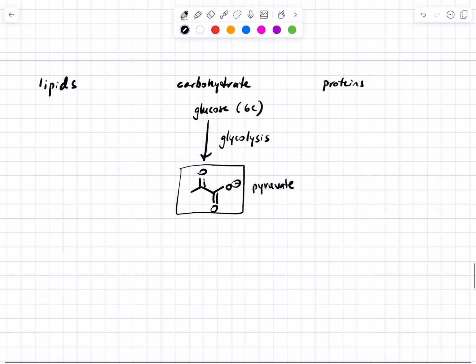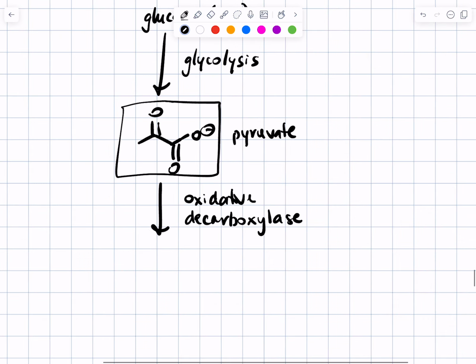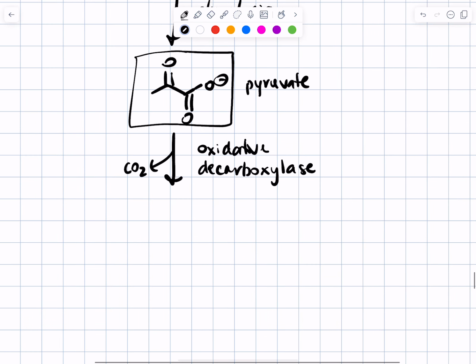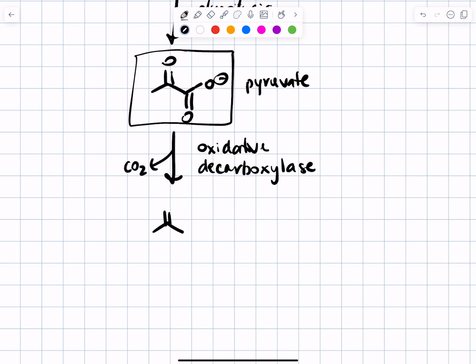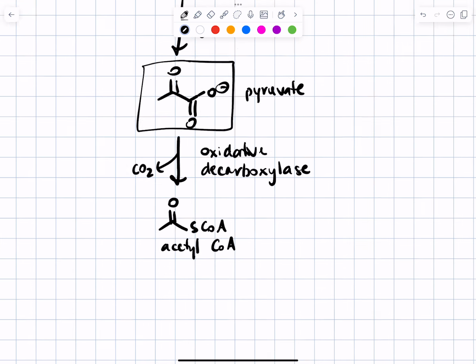Then nature isn't done there. There's a process called oxidative decarboxylation. Some of you wanted to say phosphorylation. We're not actually going to do oxidative phosphorylation. That's something for your biochemistry texts. There we lose CO2, and we convert pyruvate into acetyl-CoA, which you've seen before when we learned about thioesters.